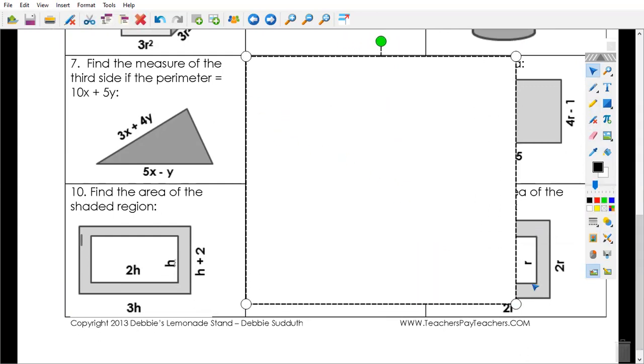Okay. So on 7, it says your perimeter equals 10x plus 5y, and it wants us to find the missing side. Perimeter equals all sides, S1 plus S2 plus S3. That's how you find the perimeter.